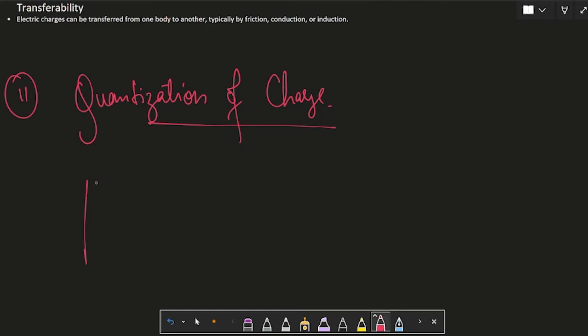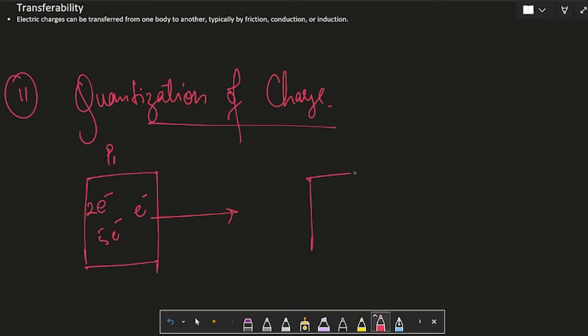Let's say there are multiple charges and they would be in a packet. Let's say this is packet number 1, P1. It may have 2 electrons, then maybe 5 electrons and 1 electron. This is a packet and it is going to move together.